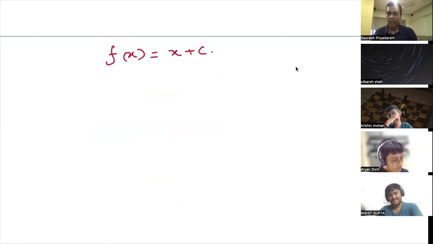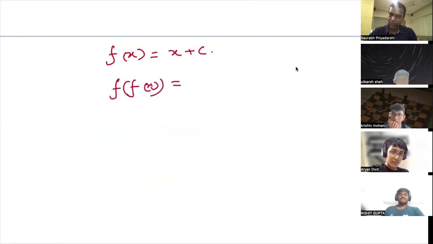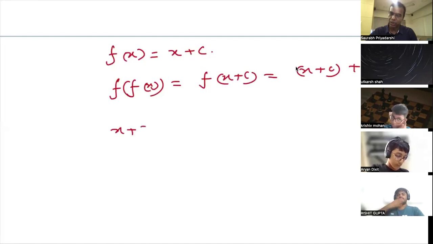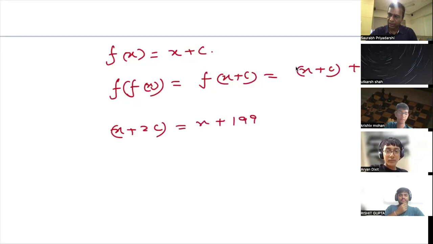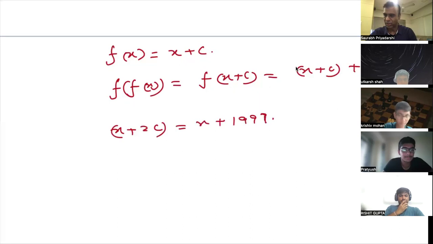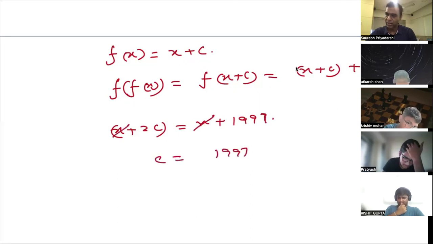So f of f of x is f of x plus c, and this will be x plus 2c. And this is given as x plus 1987. So c I'm getting as 1987 by 2.